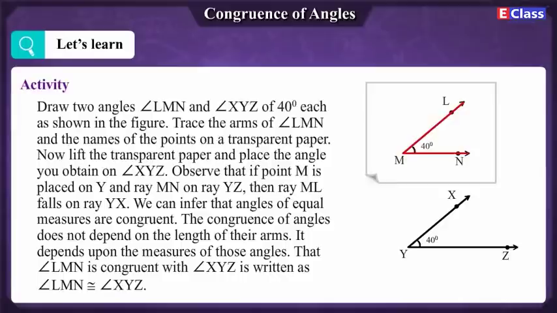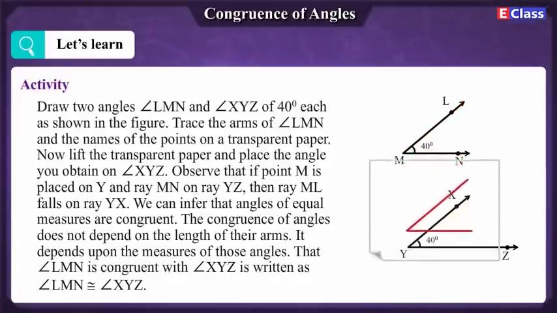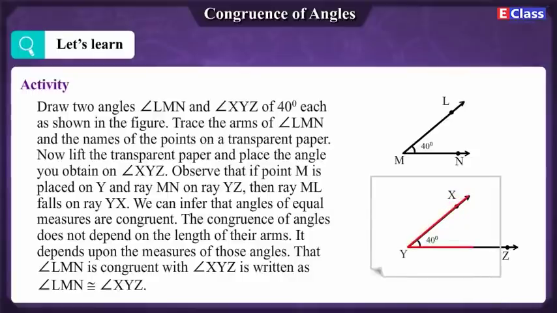Now, lift the transparent paper and place the angle you obtain on angle XYZ. Observe that if point M is placed on Y and ray MN on ray YZ, then ray ML falls on ray YX.